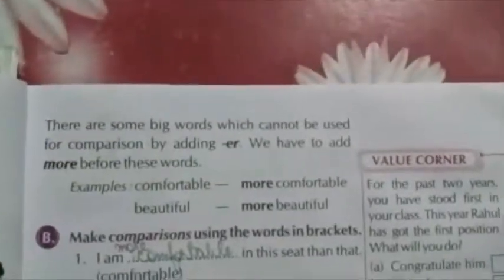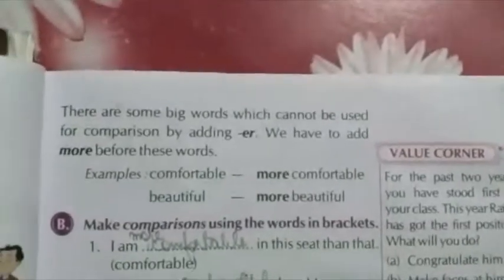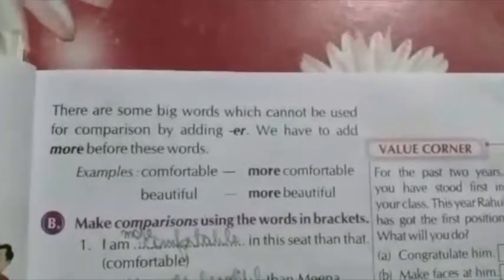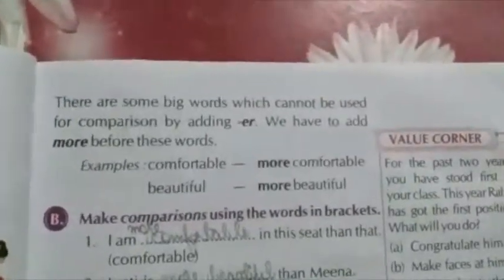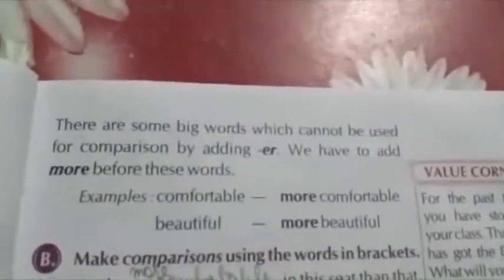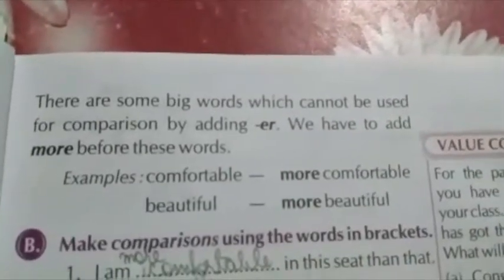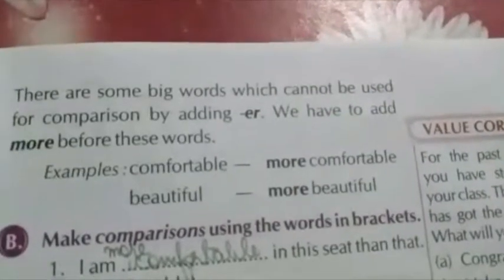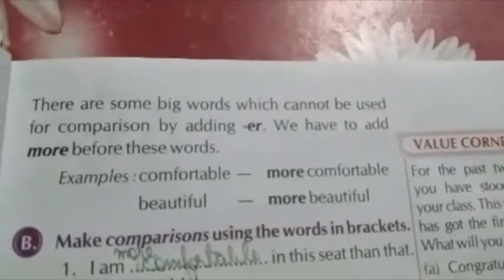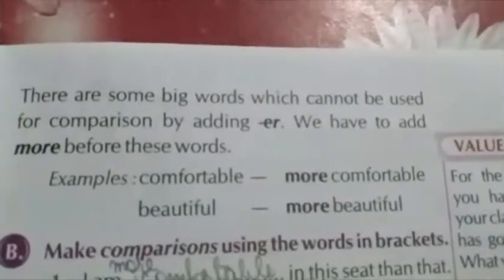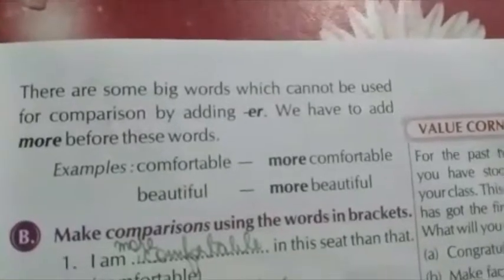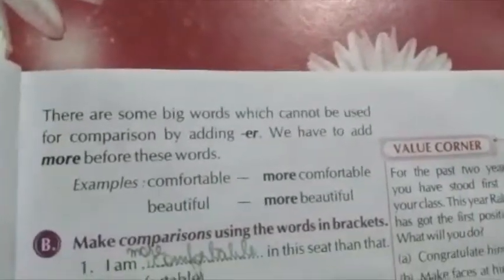Now, there are some big words which cannot be used for comparison by adding er. We have to add more before these words. All the forms of adjective cannot be used as er. Many adjectives, big words, are there: comfortable, beautiful, important, exciting, interesting.